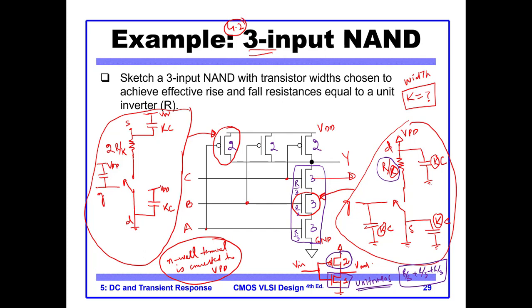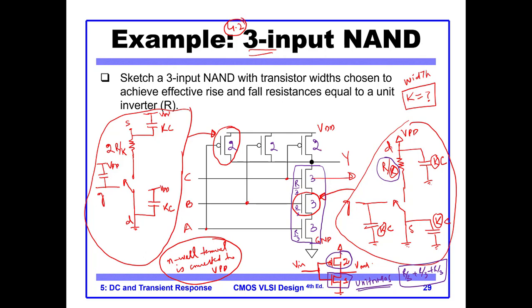We don't need to change anything here because they are in parallel. In case of series, we have to change the sizes. In this case, the PMOS sizes remain twice the size of the unit NMOS. So this is how we determine the size of K.